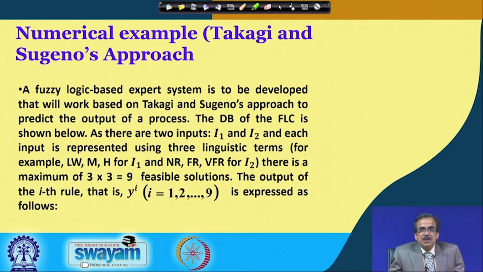So, there is a possibility you will be getting very accurate values of the coefficients, and ultimately you will be getting very accurate output. So, the prediction will be really good and very accurate in this Takagi and Sugeno's approach.